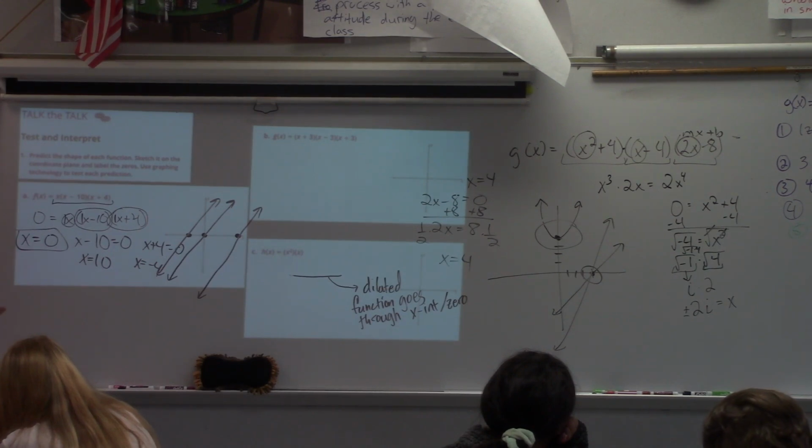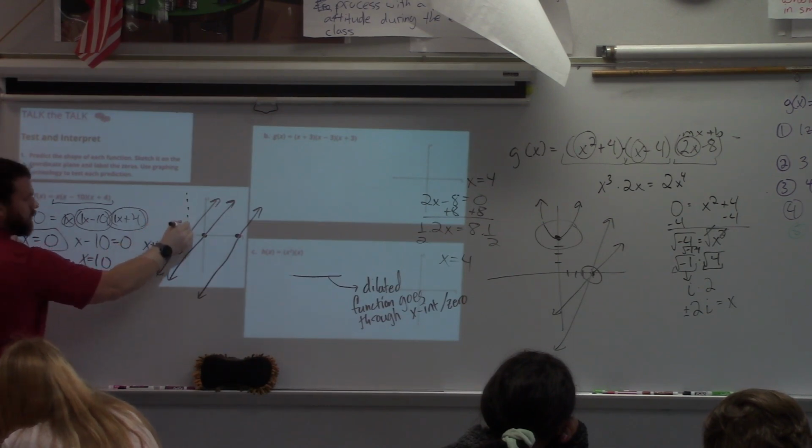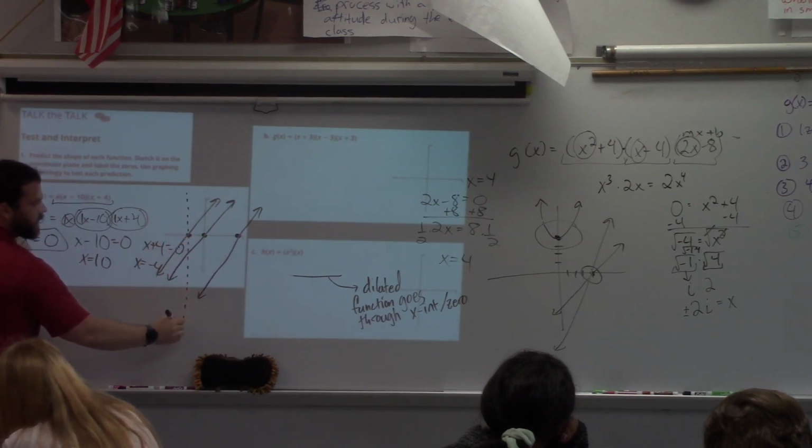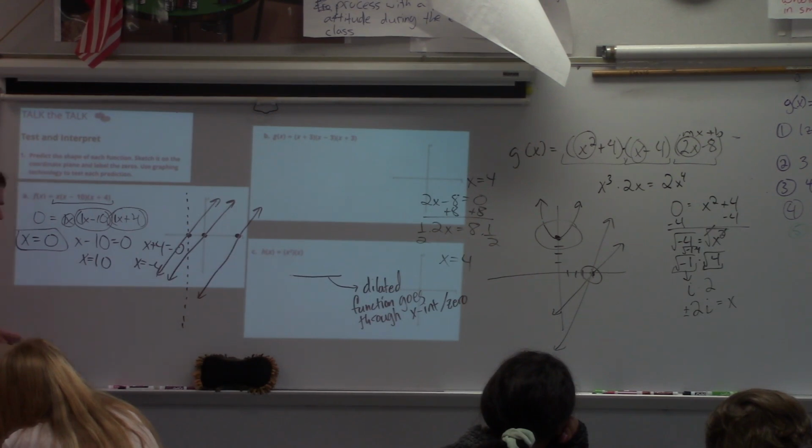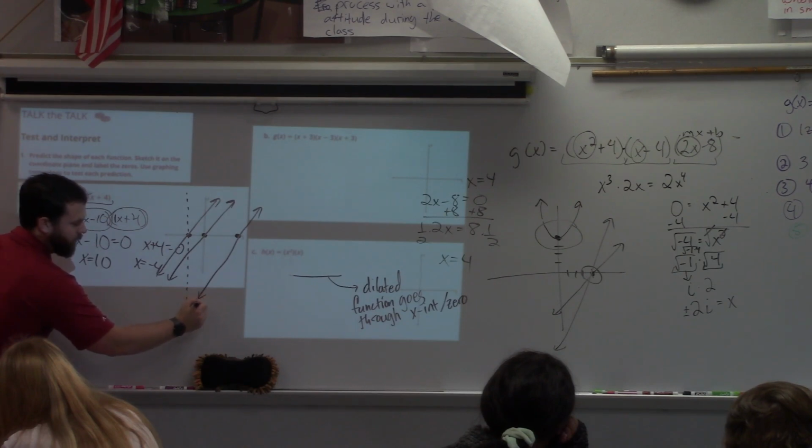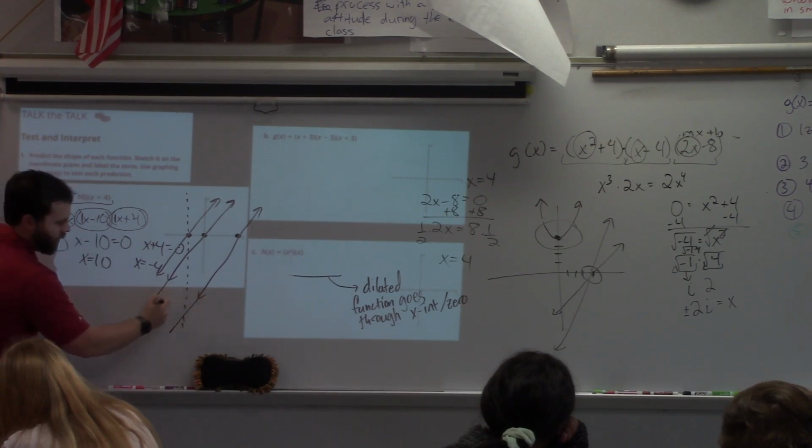And now I can start to sketch what f of x would look like. To the left of this 0, what do I know about f of x? Do I have positive or negative values? Negative. Notice, and I do need to be careful, how many factors are there? 3. So I need to look at all 3 of them.